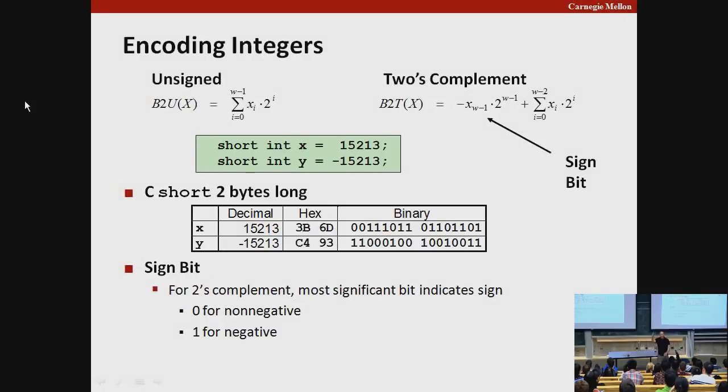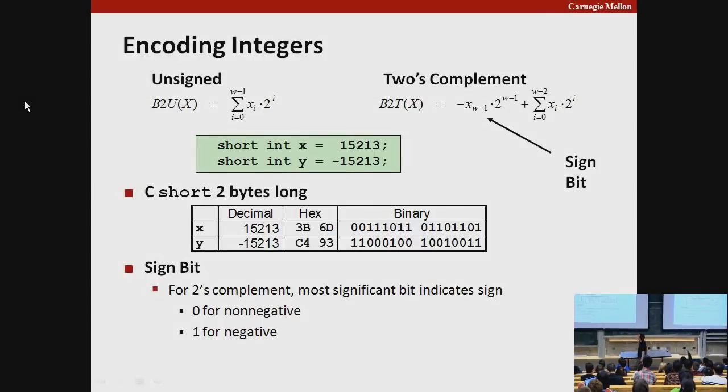We said the bit pattern 1 and all zeros is always the most negative number. So now it's the most negative number plus all of this, which brings us closer to 0. Does that make sense? We can't quite get to 0 because 0 is going to be the bit pattern all 0s. 0 in the high order bit and 0 in all the low order bits. 0 plus 0. Do you see that?